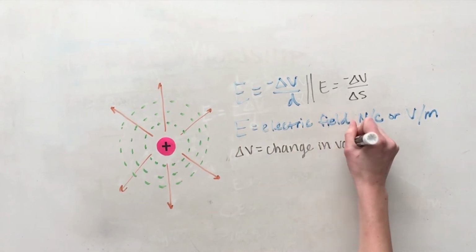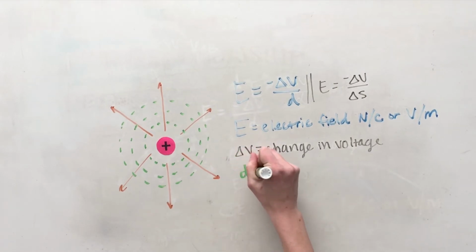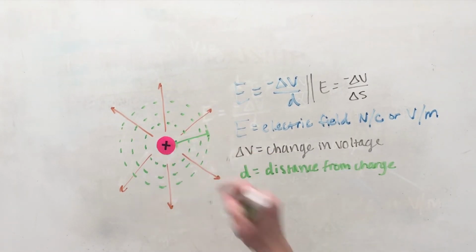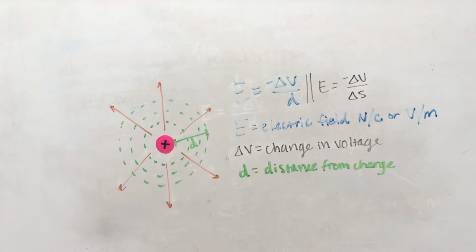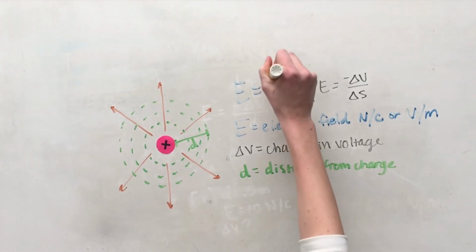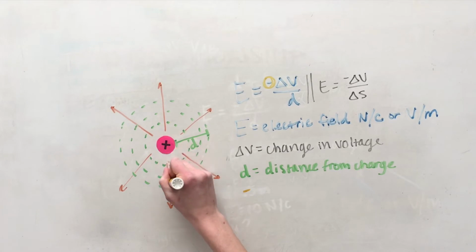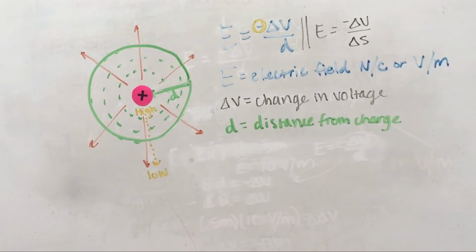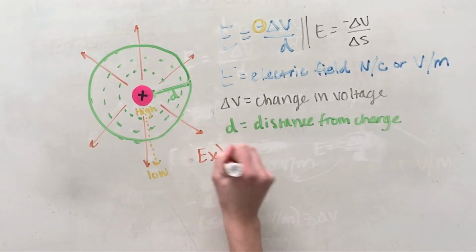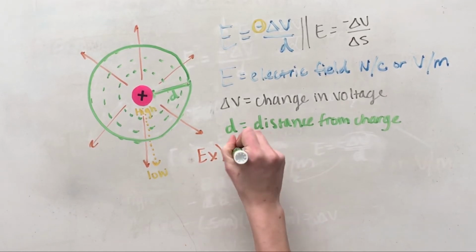Delta V is our change in voltage, and D is the distance from the charge over which the change in potential takes place. The negative in front of delta V means that the electric field points in the direction of decreasing potential.